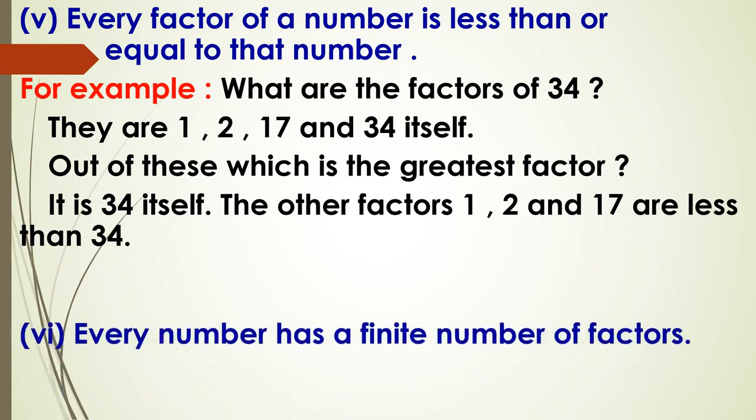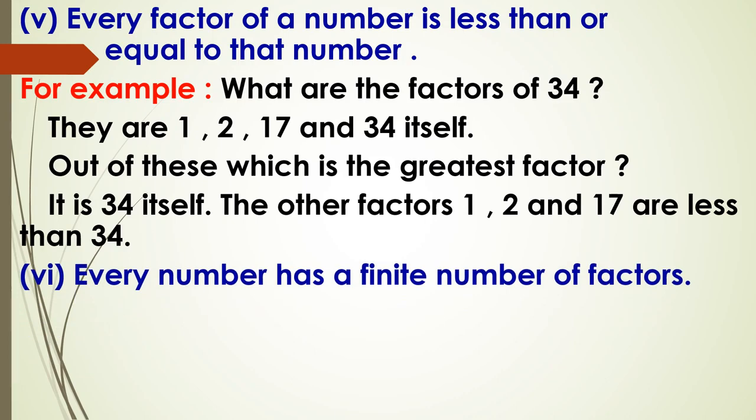Clear? Shall we move to the sixth point now? Every number has a finite number of factors. Finite means which we can count. So we are finding the factors of even the larger number, but you can still count the number of factors.